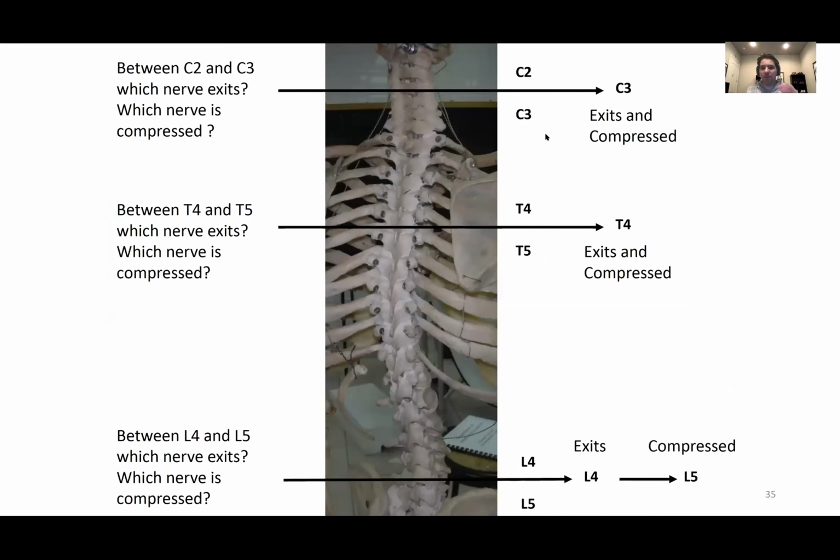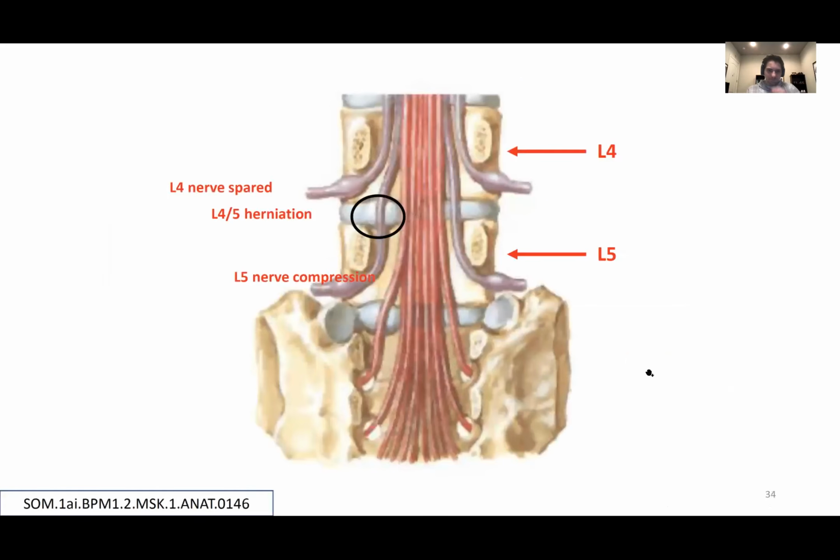If you just want brute memorization, remember it's below, above, below. That's for the compressed nerve, the nerve that's affected. Below, meaning the C3 is affected, the one that's below; above, T4 of the T4, T5; and even though L4 exits, the one that's below is affected. You can see that here. This is the L4 disc and the L5 disc, right?